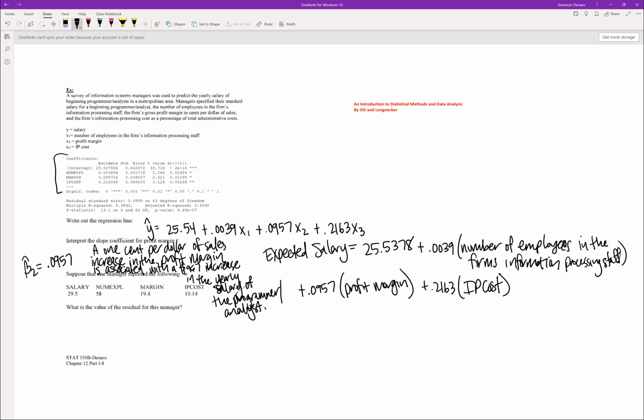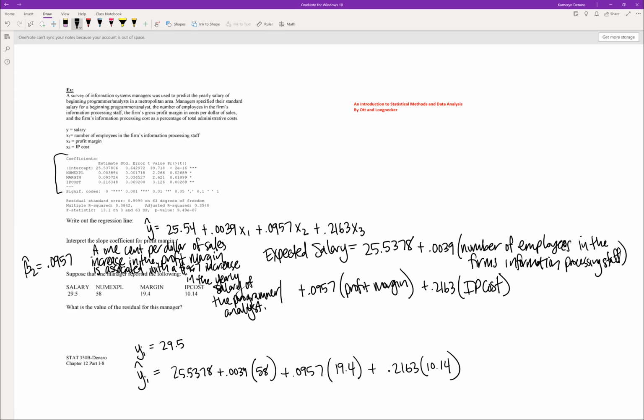First of all, we know their Yi is 29.5, but now we need their Yi hat. Their Yi hat is 25.5378 plus 0.0039 times the number of employees, 58, plus 0.0957 times 19.4, plus 0.2163 times 10.14.